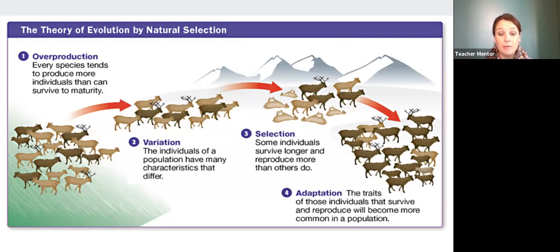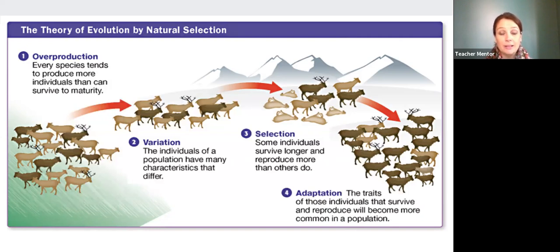So we would have one antler with all the tines pointing up like a normal antler would. And then we would have one where some of the tines were pointing down, hanging like a chandelier. Well, the cows didn't see that as a strong individual, so they would not reproduce with that male.